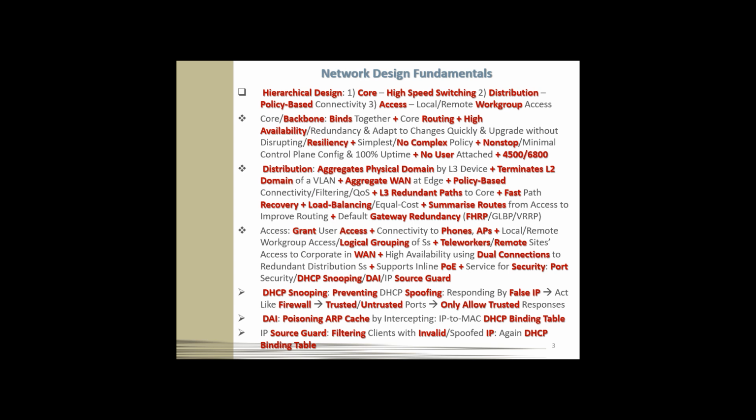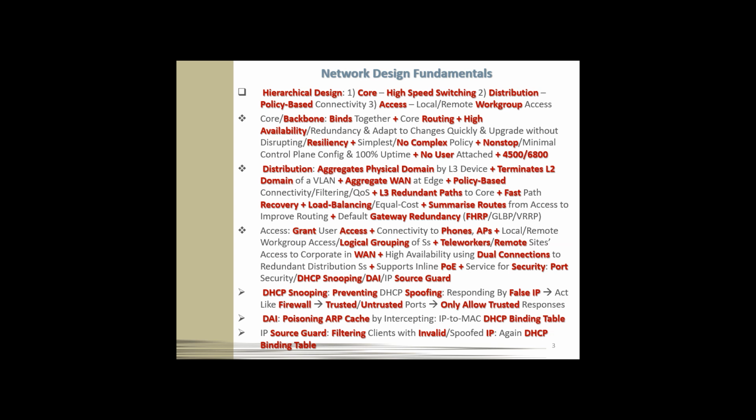This is important to remember, that while dynamic ARP inspection blocks only ARP packets, address resolution protocol, IP source guard blocks all IP packets. And again, IP source guard is successful thanks to the DHCP binding table.